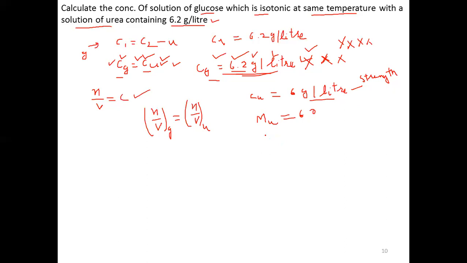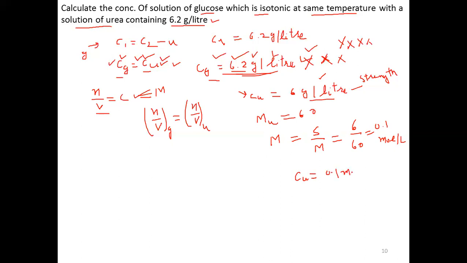Now we have to calculate concentration, which is the number of moles per liter, the same as molarity. That means we have to calculate molarity from this. So M is equal to strength divided by molecular weight, which is 6 divided by 60, equal to 0.1 mole per liter. Now this is the concentration of urea.